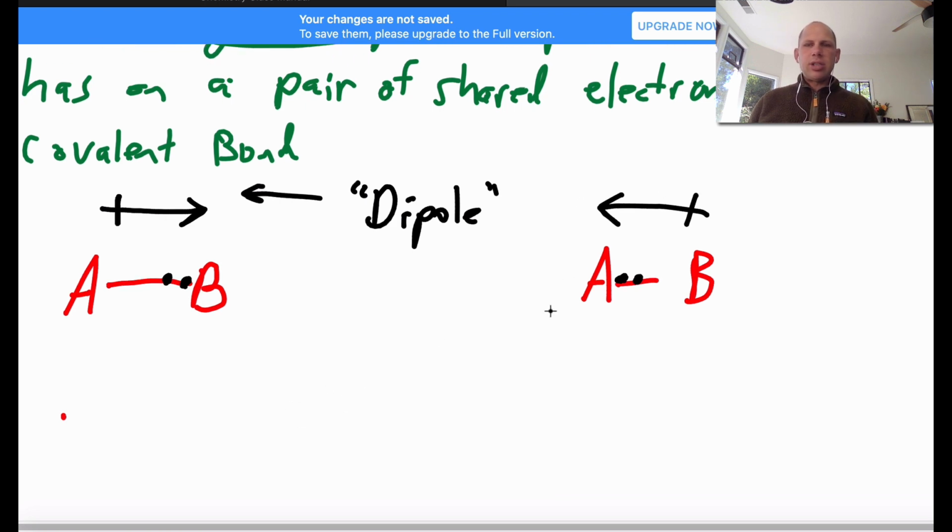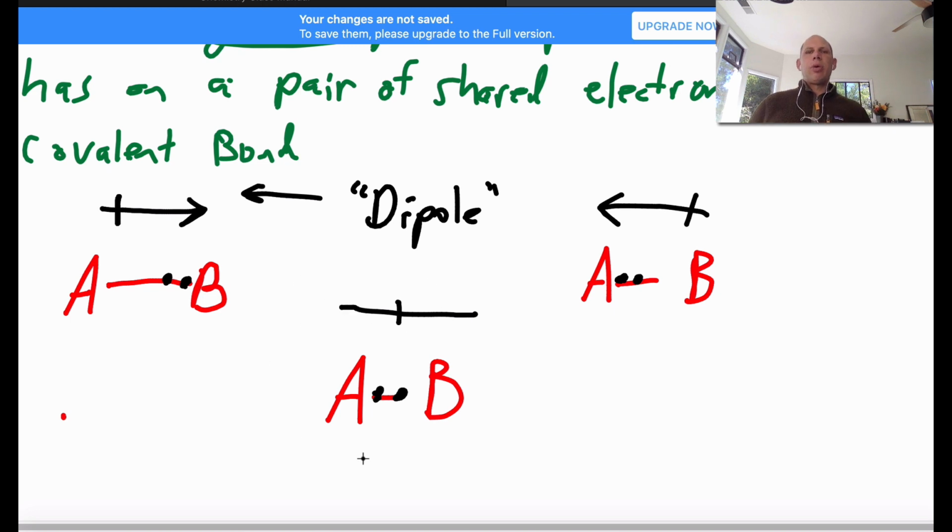Now let's say we had a situation where you had A and B, and they both have equal electronegativities. That means that the electrons are right there. There would be no arrow. The electrons are equally distributed on both sides, and that would be a situation where there is no dipole.